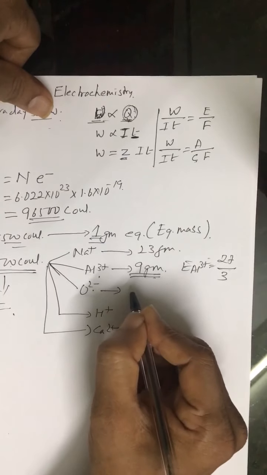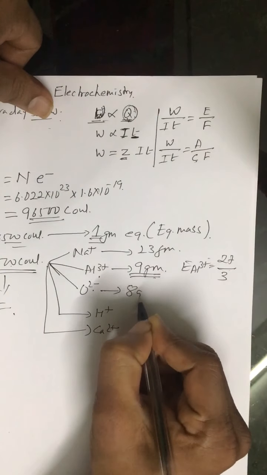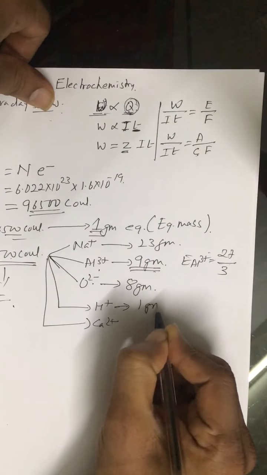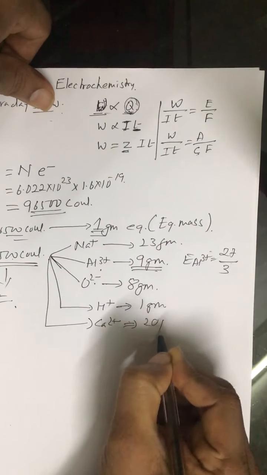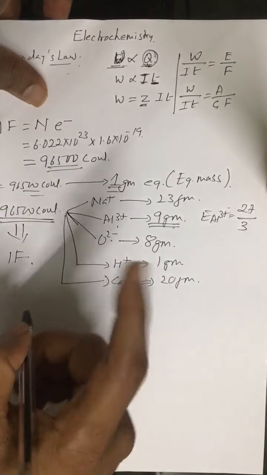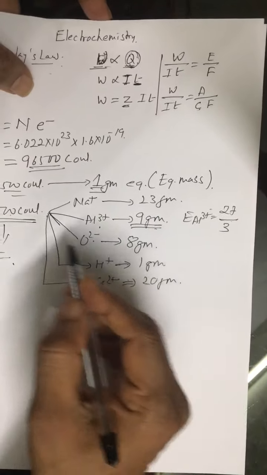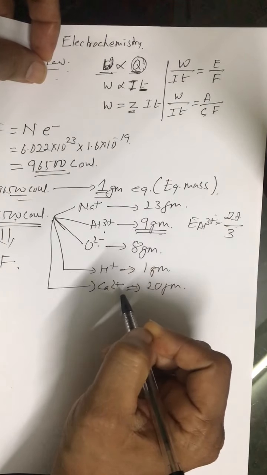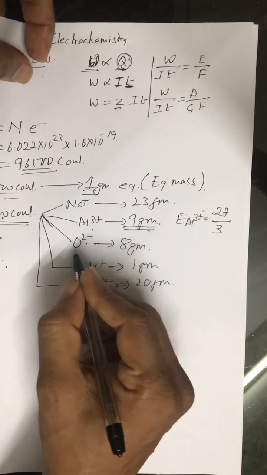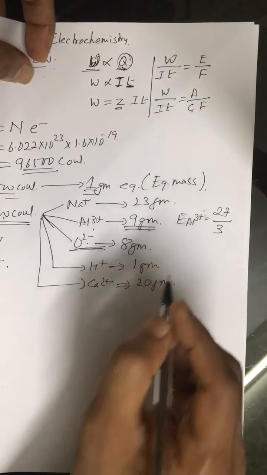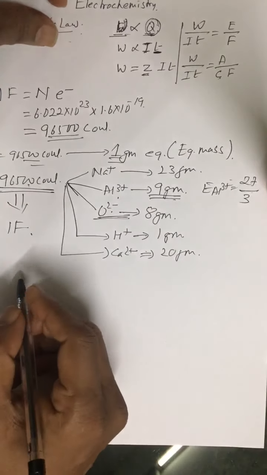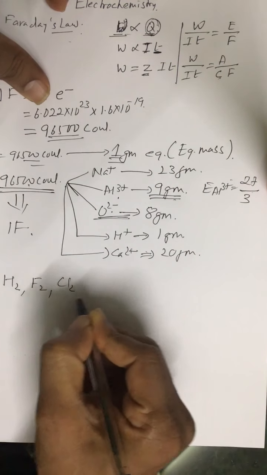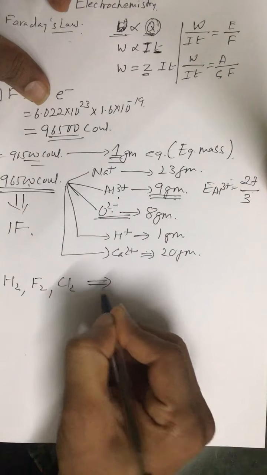1 Faraday of charge is responsible for 8 grams of oxygen, or 1 gram of hydrogen, or 20 grams of calcium. 1 Faraday of charge, or 96,500 coulombs of charge, can displace this much amount of things. And since some gases are involved, remember that hydrogen, F2, Cl2 are the common gases evolved during electrolysis.